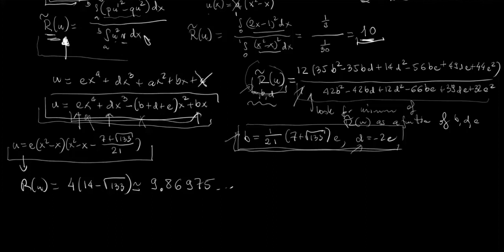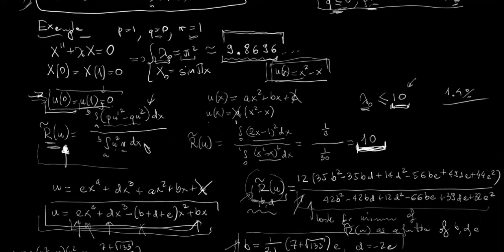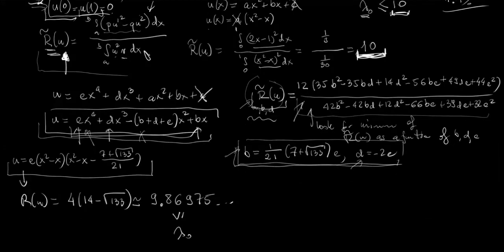Before, when we were estimating our lambda 0 by quadratic functions, we only knew that lambda 0 is smaller than 10. Now we know that lambda 0 is smaller than or equal to that. But if you recall our exact value, you will see that the exact value is 9.8696.